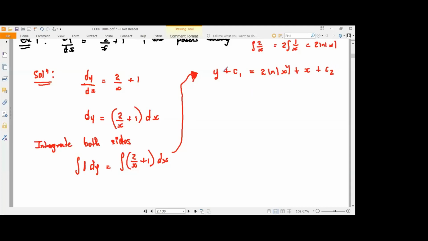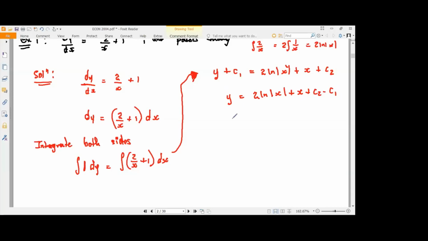So here's the thing. I want to solve for y. Ready? So when I carry the c1 over to the other side, it's going to be 2 ln mod of x plus x plus c2 minus c1. Here's the thing. We have two constants. We have c2, which is a constant, and we have c1, which is a constant. When you subtract two constants, you just get another constant.